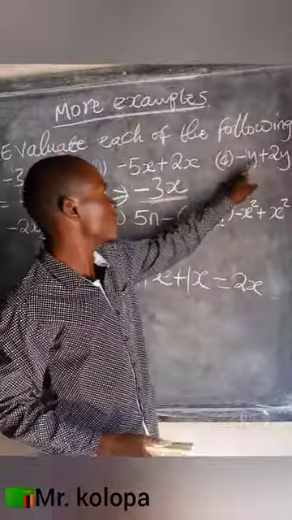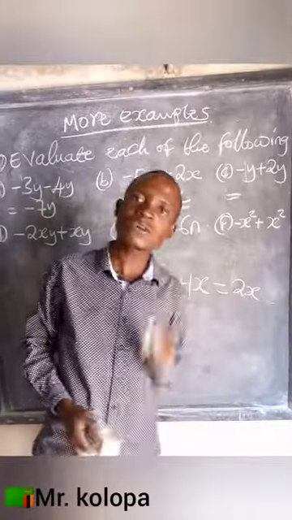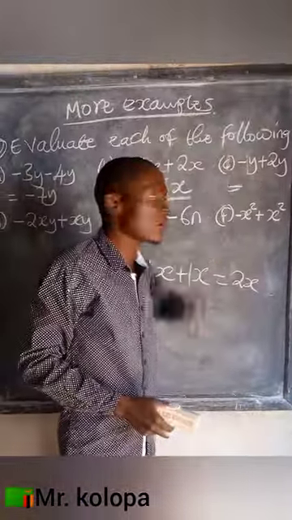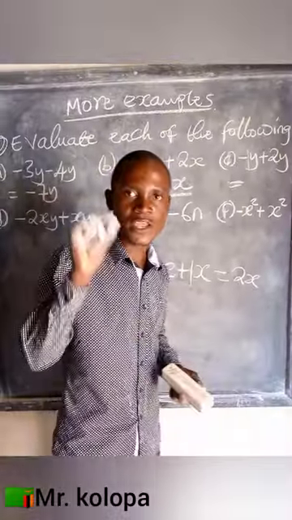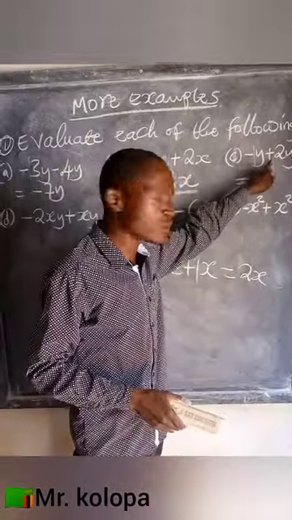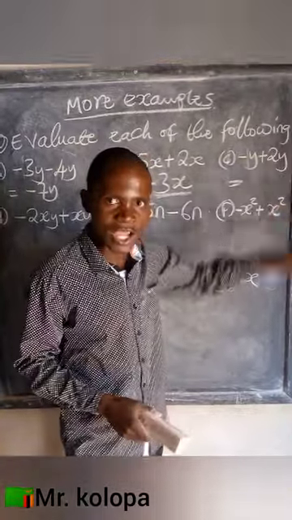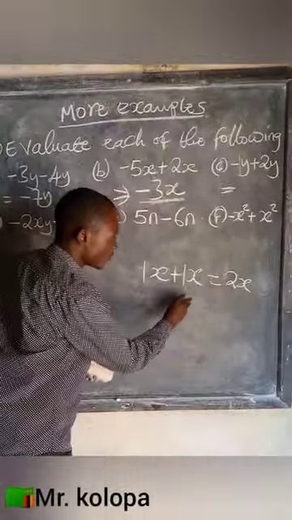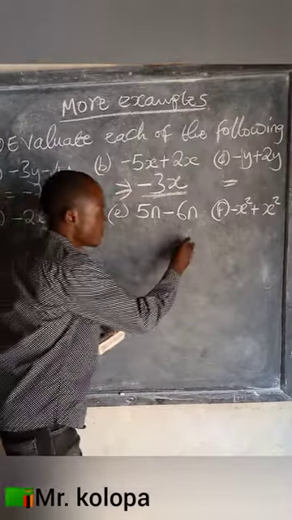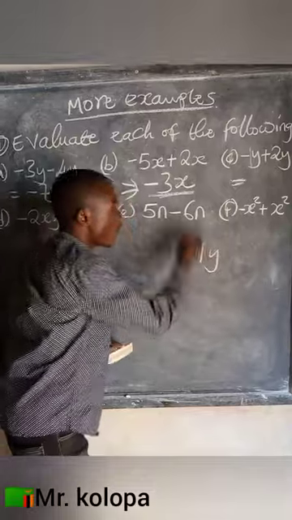Same applies there. We have the invisible 1, and we have different signs. And what are we supposed to do? To subtract. When you subtract 2 minus 1, you get 1. Then you maintain the sign of the bigger number, so it will be positive 1y. The answer for this one will be positive 1y.